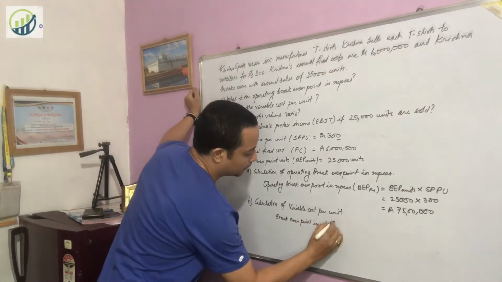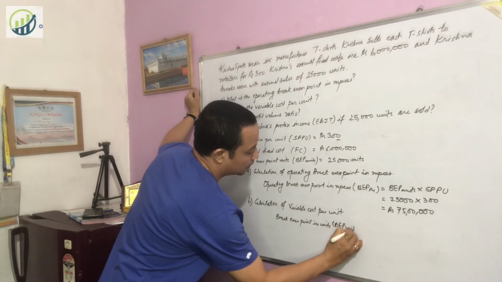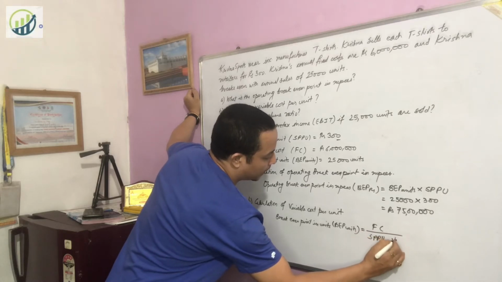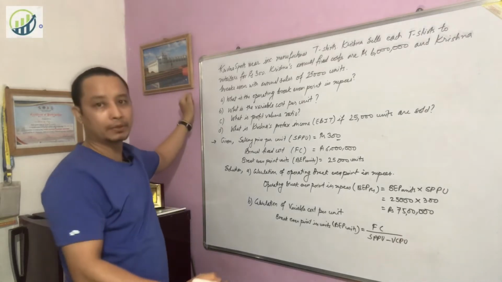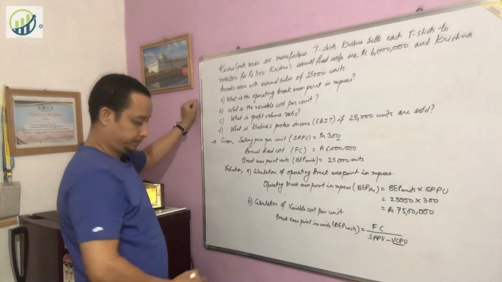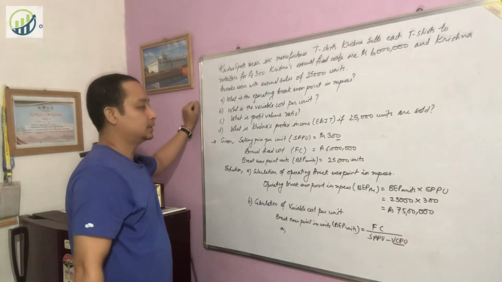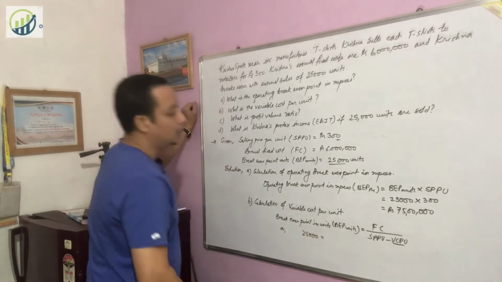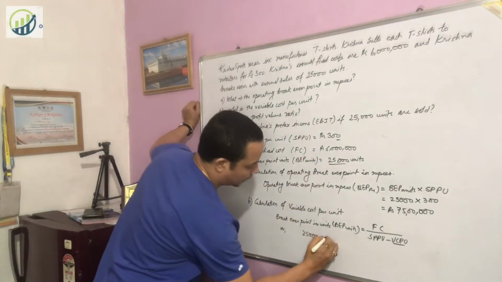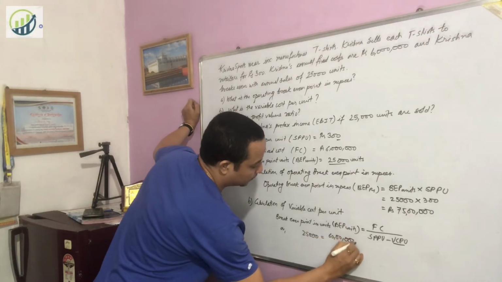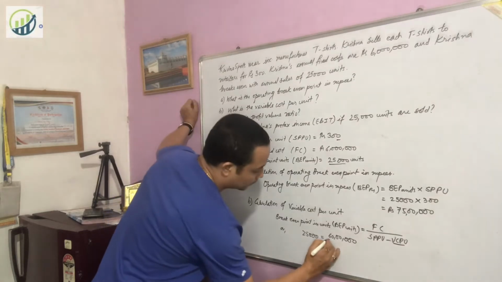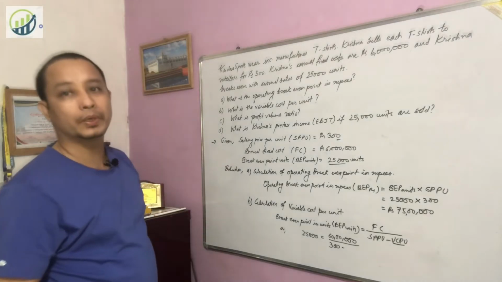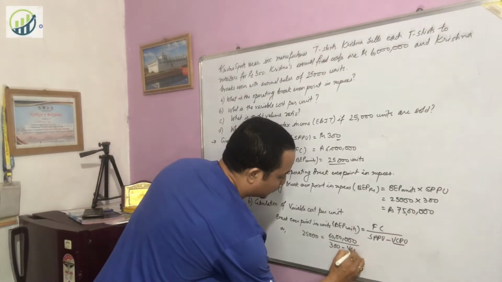BEP units equal to fixed cost upon selling price per unit minus variable cost per unit. Break-even units is given in the question, 25,000. Fixed cost is 60 lakh, 6 million, and selling price per unit is 300, and you have to find the variable cost per unit.